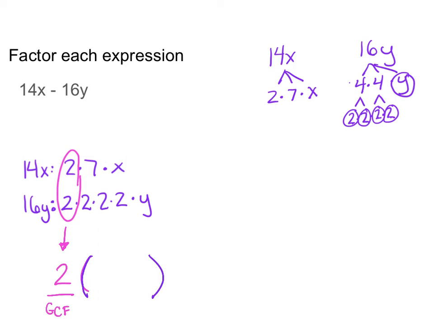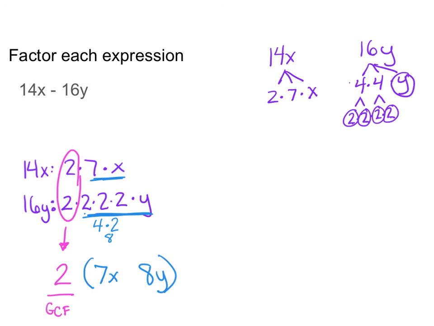I'll put it in blue. Let's go ahead and put it in blue here, and I'll underline it. So my leftovers are the 7x and whatever this is here. So I have to do 2 times 2, that's 4, times 2 more, and that is 8. So then I have 8y.